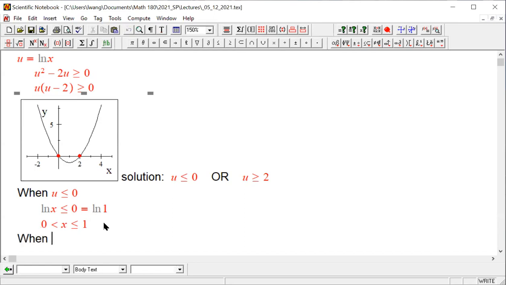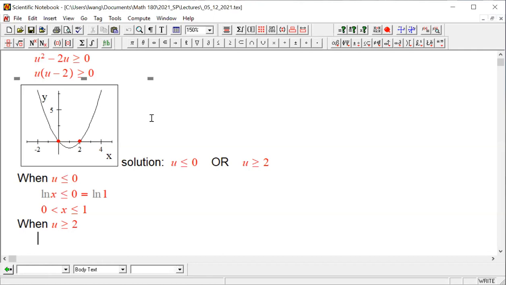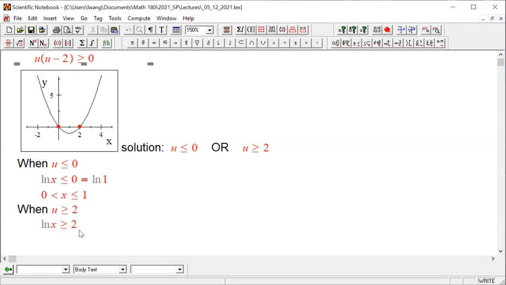Another piece, when u is greater than or equal to 2. ln x is greater than or equal to 2. And 2 is equal to what? It is ln e squared. It's an increasing function, therefore x is larger than or equal to e squared.